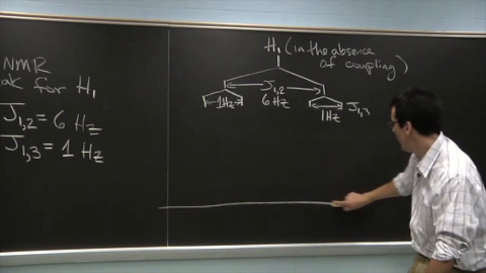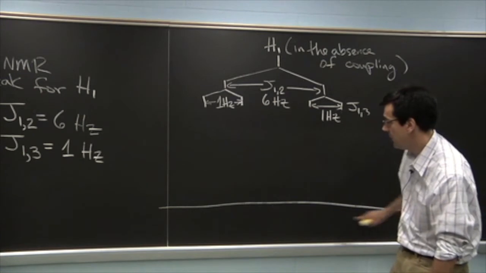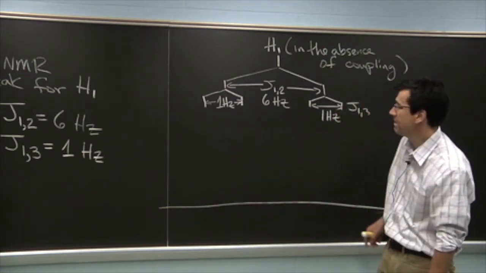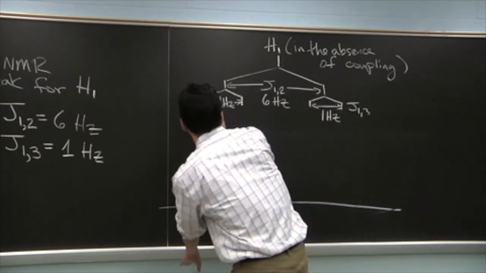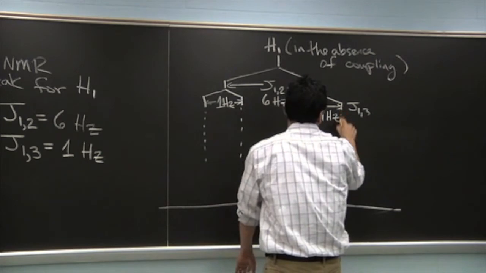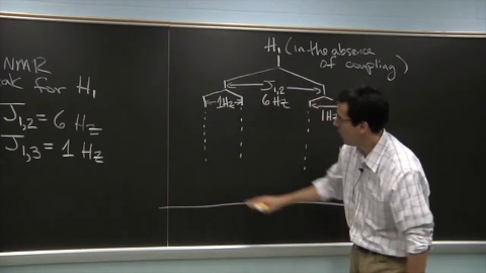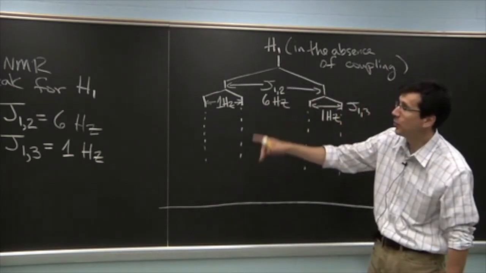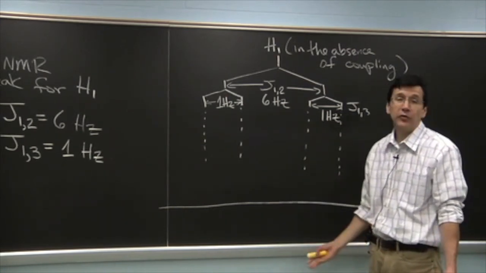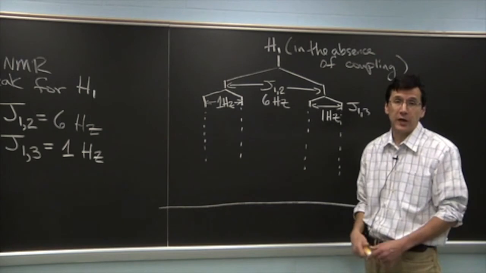So what I need to do to finish off this problem is, here's the baseline of my NMR spectrum. And below these lines right here, I just need to draw what I would actually see for the proton NMR peak of H1. So I have to know something about what a doublet looks like.